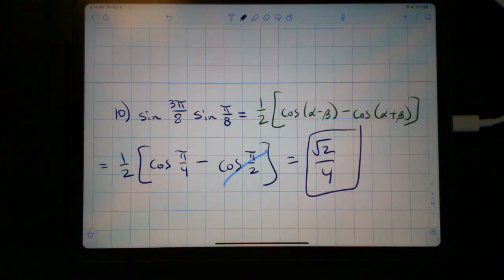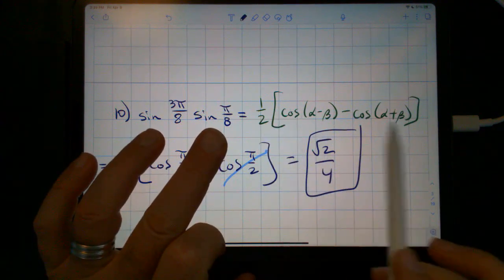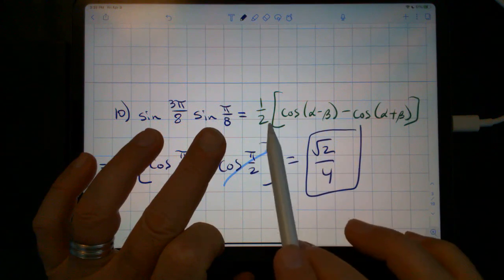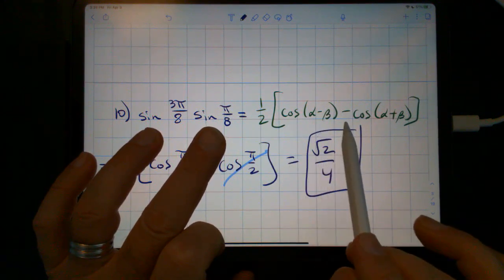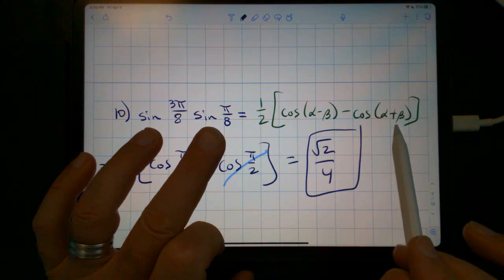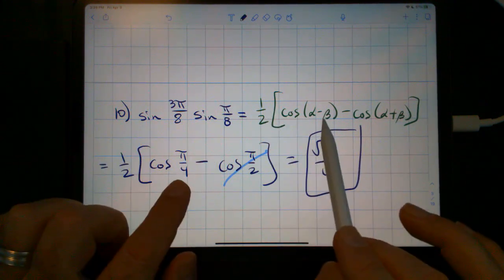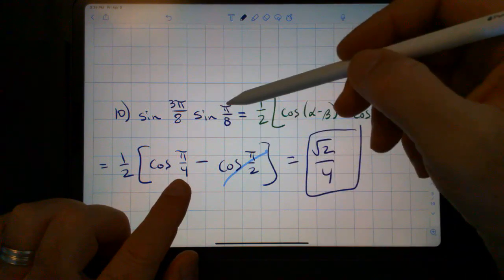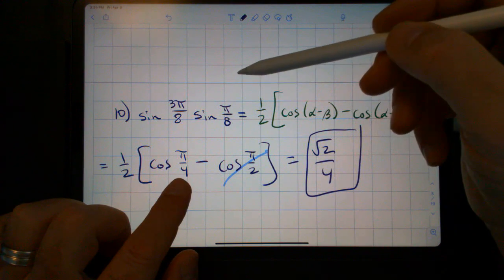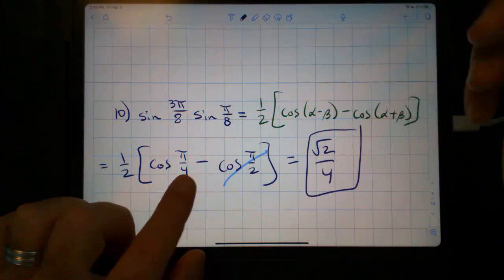Number 10, here we have the product of two sines. So your basic structure is going to be 1/2 times cosine alpha minus beta minus cosine alpha plus beta. So we have 1/2 out in front. The difference of the two, 3 pi over 8 minus 1 pi over 8 is 2 pi over 8. 2 pi over 8 simplifies to pi over 4.